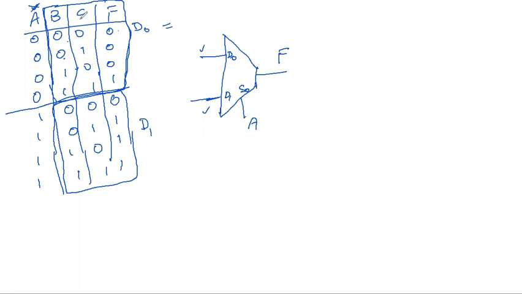So that is sigma 3. Sigma 3 means BC. Okay, AND gate BC. And D1 looks like an OR gate. See, 0 triple 1. So OR gate means B plus C.